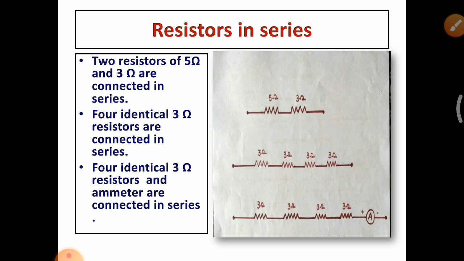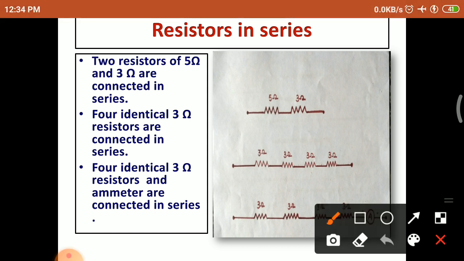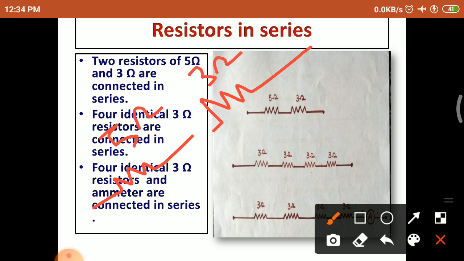The next one, resistors in series. See the first one: two resistors of 5 ohm and 3 ohm are connected in series. So you have to take two resistors, one is 5 ohm and another one is 3 ohm.